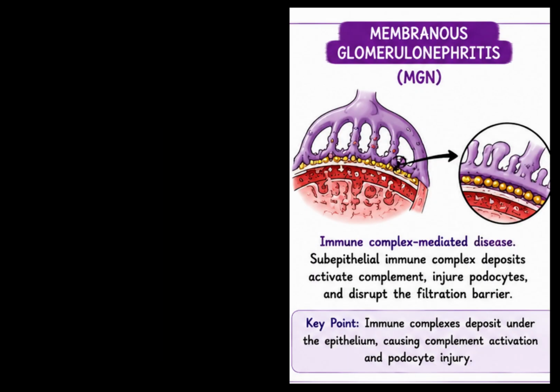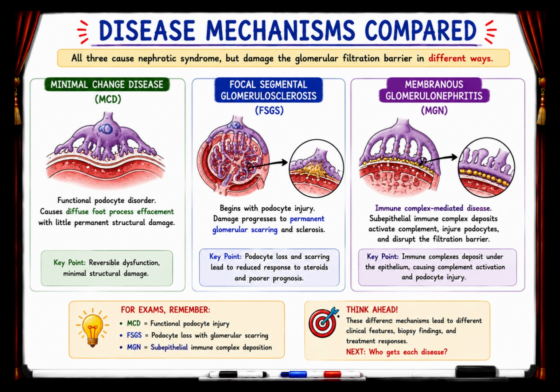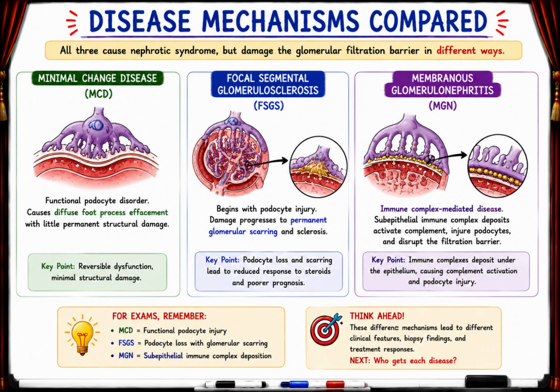MGN is an immune complex mediated disease. Subepithelial immune complex deposits activate complement, injure podocytes, and disrupt the filtration barrier. For examinations, remember, MCD is a functional podocyte injury. FSGS is podocyte loss with glomerular scarring, and MGN is subepithelial immune complex deposition.